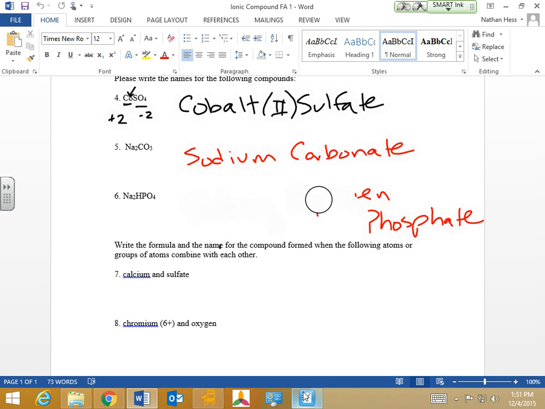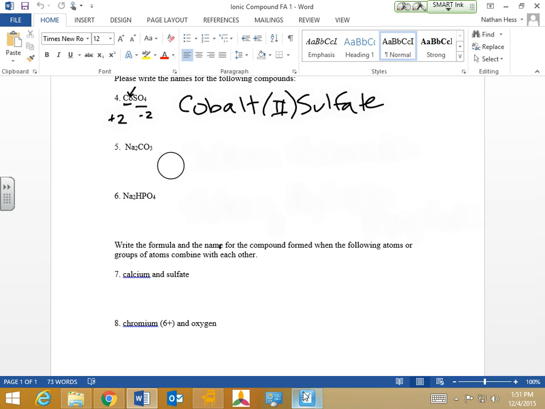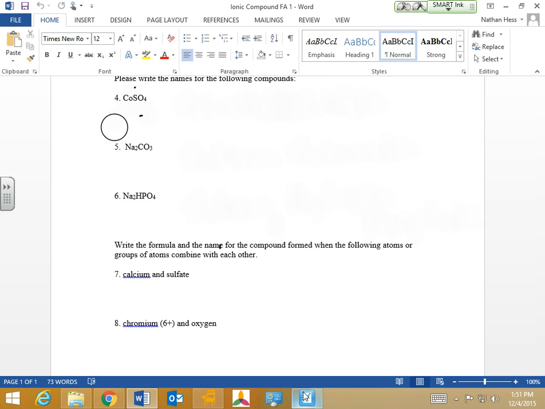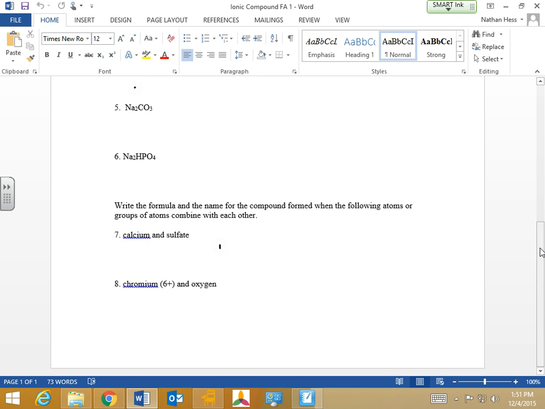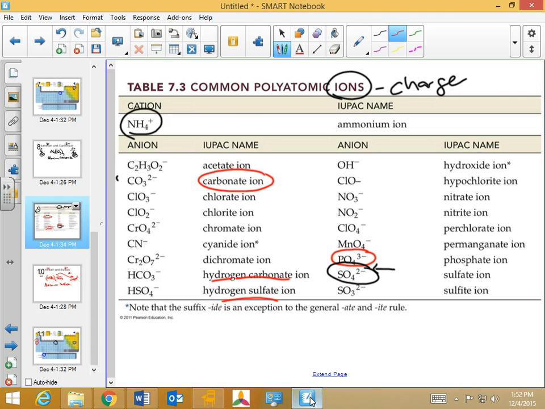We move down to the last three pieces here, and that is where I asked you to write both the name and the formula. Name and the formula. Some of you lost some points because you didn't write both of these things. So calcium is Ca. It has a 2+ charge. Sulfate, we go back to our polyatomic ion list.